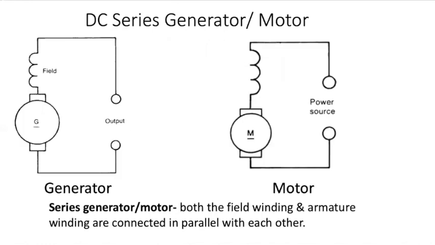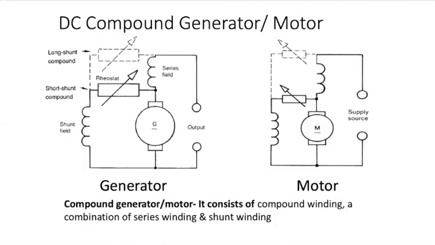So the field is connected in parallel to the armature, hence it is known as the DC shunt machine. When the field is connected in series to the armature, then it will be known as a DC series machine. In the DC series machine, you can see the armature and the field are connected in series to the supply. If it is a generator, it will give you the output. If it is a motor, it will take the supply. Now, DC compound generator or motor means it is a combination of series and shunt winding.